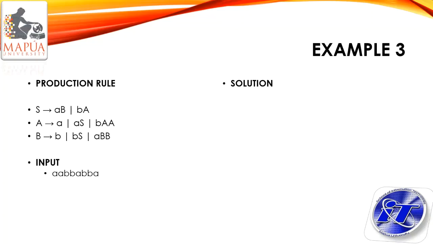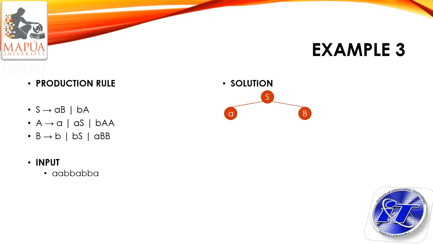Let's start our solution with the root node, which is S. Which among the two options will be used, AB or BA? Definitely it will be AB, because the first symbol is terminal a, not terminal b. Logically it should be the first option.